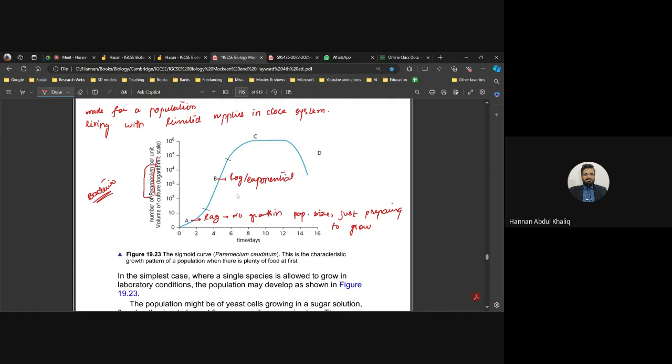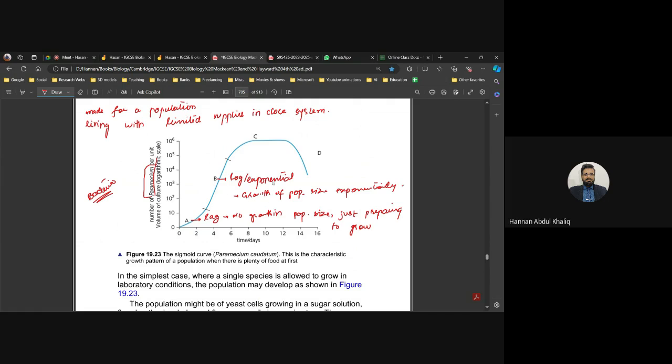Exponential phase means that utilizing all the resources that are available in the closed system, they are now growing exponentially. The growth of population size is exponential.